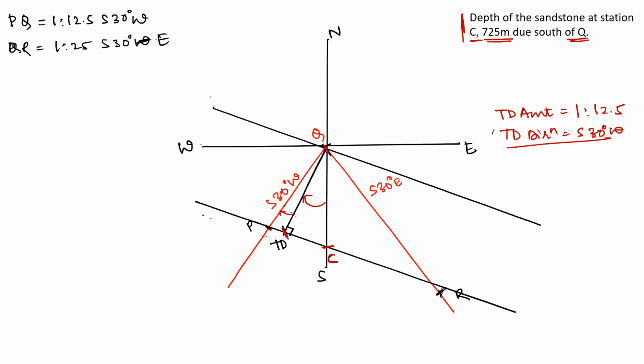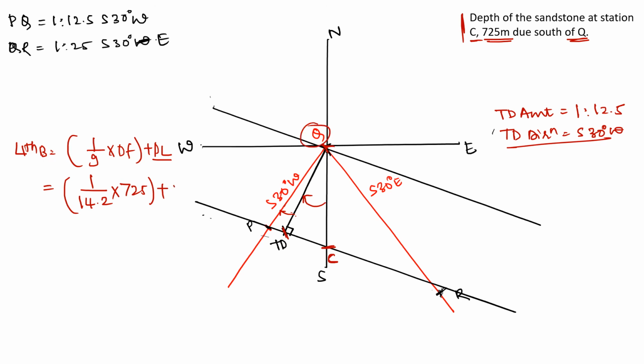Then we have a formula: the fourth borehole depth is equal to 1 by G into dF plus dl, and the G distance is nothing but Q to C. If you measure Q to C, that distance comes around 14.2, into dF is 725, plus dl, where dl is the least borehole, that is point Q, that is 20.